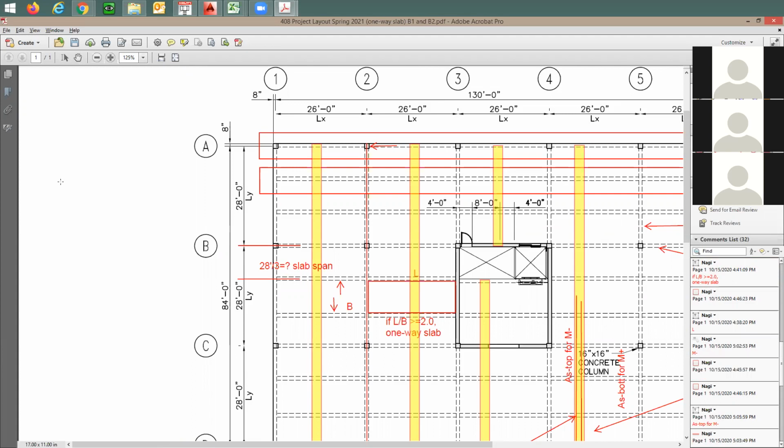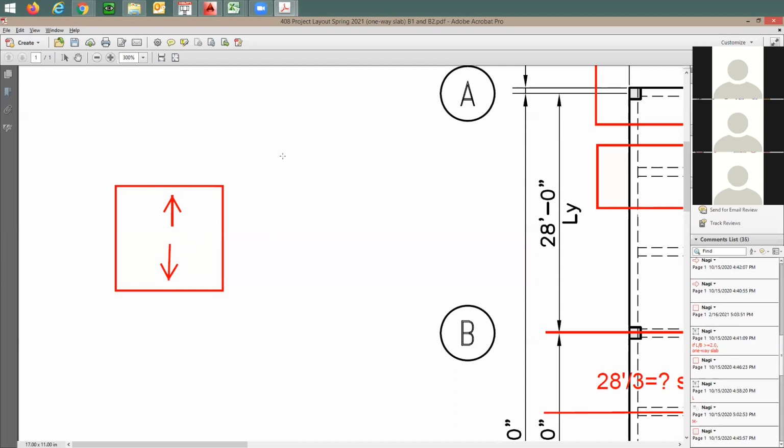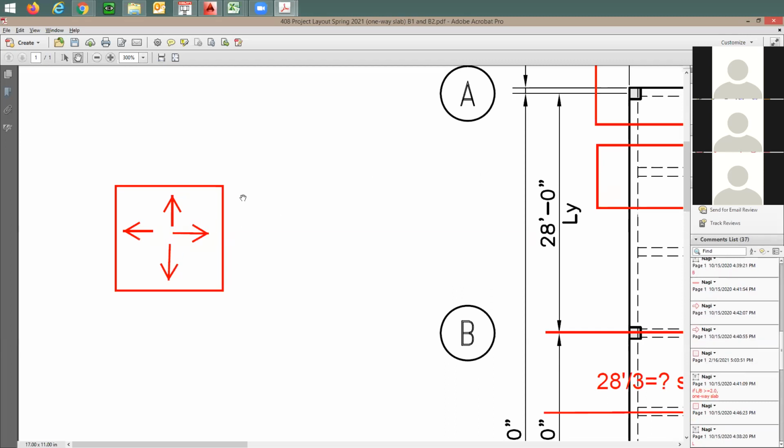You have a slab, which is like a square box, and then you have 4 beams on the perimeter. Some load is going to be going this way, and some load also is going to be going that way. Same thing in the other direction. Load is going to be going in 4 directions, or 2 directions: east, west, and north, south.